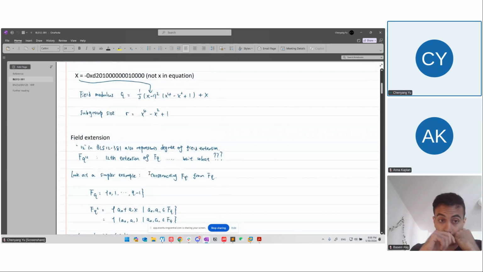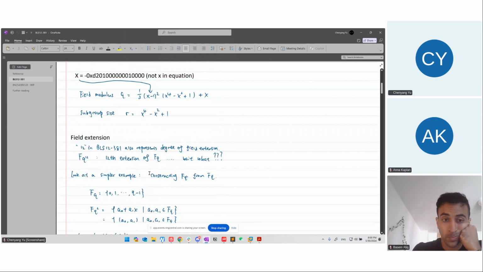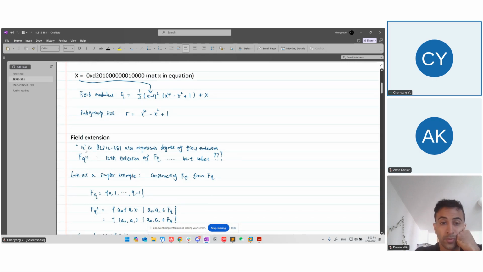A pretty confusing topic is field extension. The 12 in this name means the degree of field extension. For the finite field FQ, we can only define the G1 group. There is no way to define the G2 group.